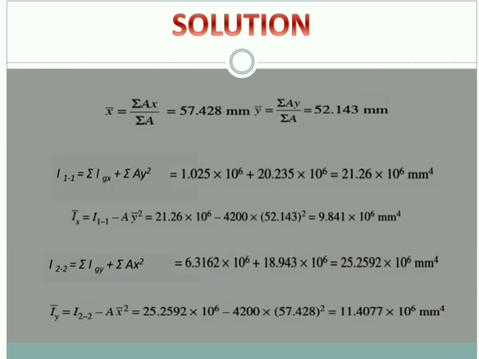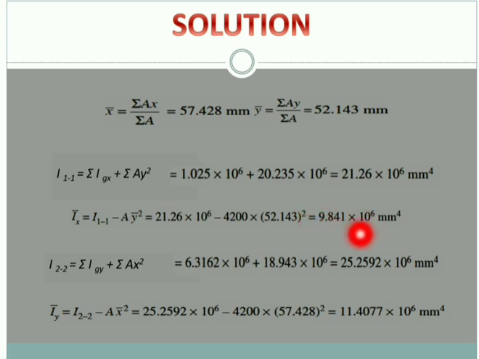That is I22 is equal to summation Igy plus summation Ax square. We have to interchange the terms properly. So solving, we get the moment of inertia about the y-axis. So here these both are your required answer.